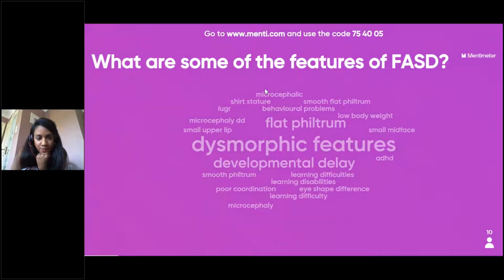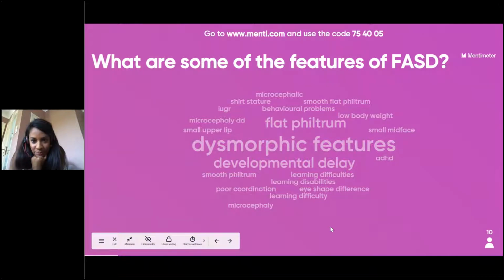Poor coordination, that's brilliant. So you actually know lots and lots, which is brilliant. I'll give you another minute if you just want to enter anything else. Someone's written IUGR, which is brilliant as well, and low body weight. Great. Short stature as well.